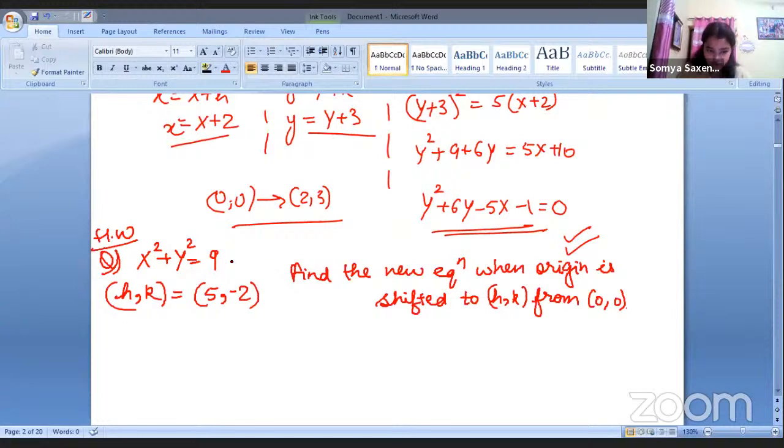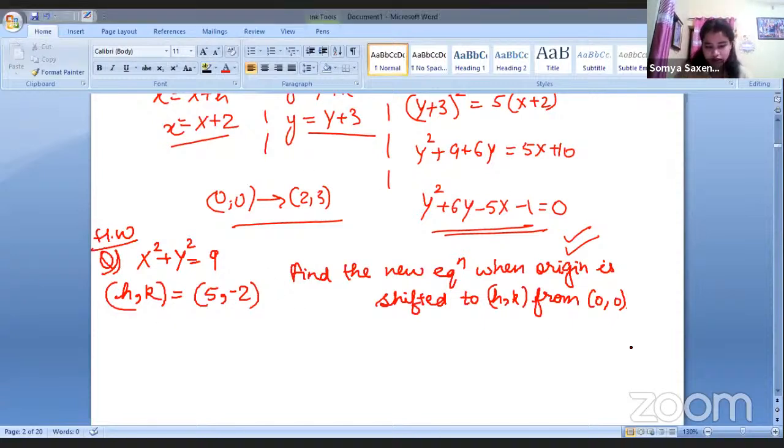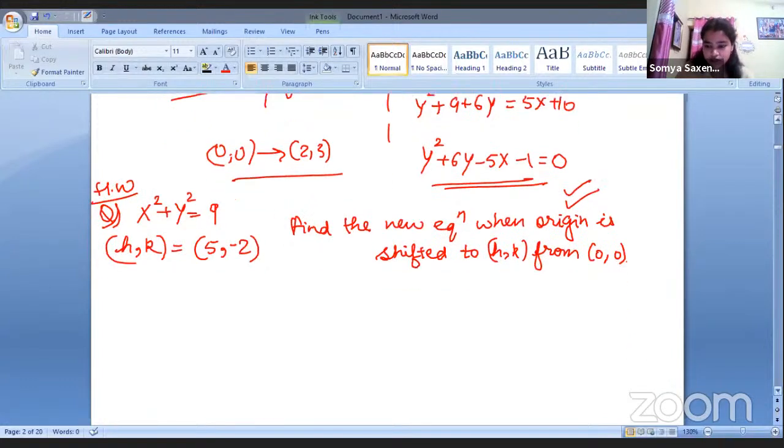So we have to find the new equation, and I hope you know whose equation this is, but we will take it as homework. You have to do it as homework. We'll discuss it tomorrow. I think tomorrow will be our class. Now, like this you will do in homework. So moving ahead, you just note it down.